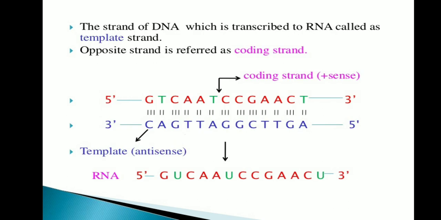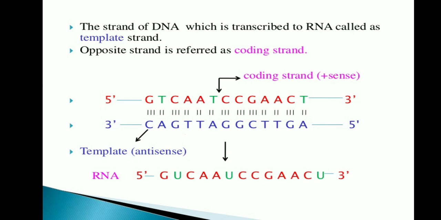So here you can see the strand of DNA which is going to be transcribed to the RNAs, that is called the template strand, right? The opposite strand is referred to as the coding strand, okay, and the other strand will be called the template strand. It means the coding strand will not convert into the RNA, only the non-coding strand, that is the template or antisense strand, will convert into the structure of RNAs.